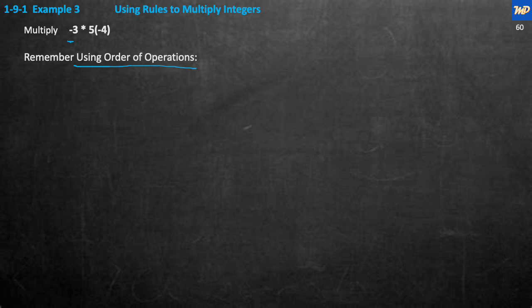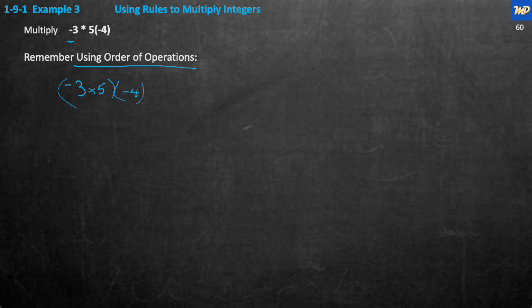So the first thing we're going to do is what? You do multiplication, right? From which direction? From left to right. Okay? So in our case, we're going to multiply negative 3 times 5, and we're going to do that, times negative 4.